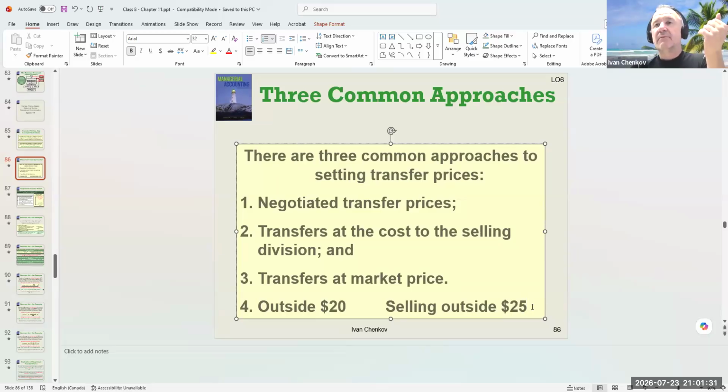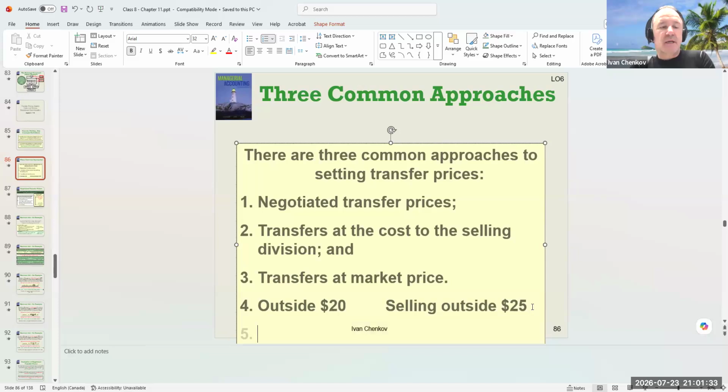Now, the selling division is going to have a cost. Let's say the outside selling price is 25, but their variable cost is, let's say, $10. Then the contribution margin generated is $15 for every product that they produce.